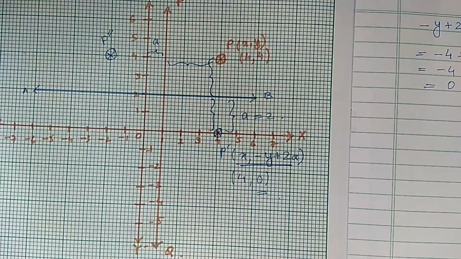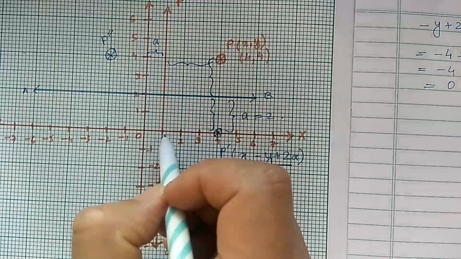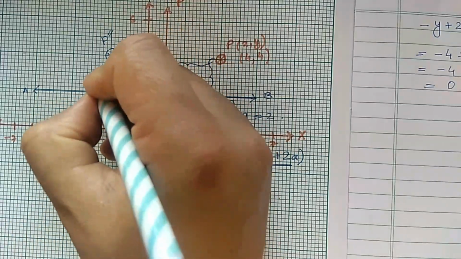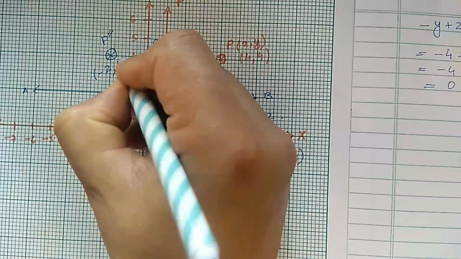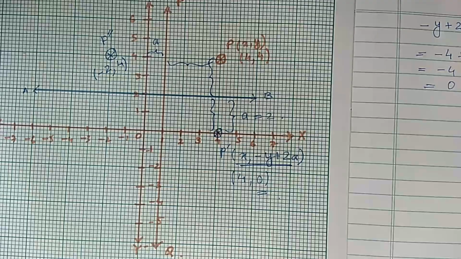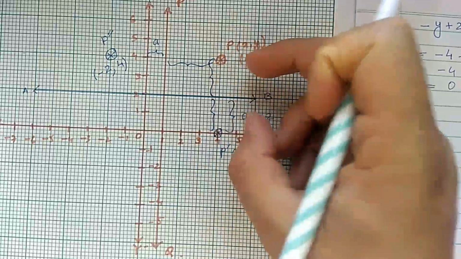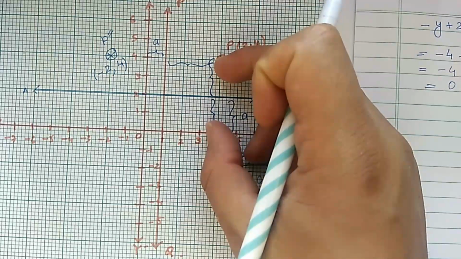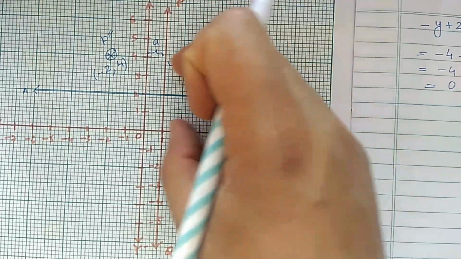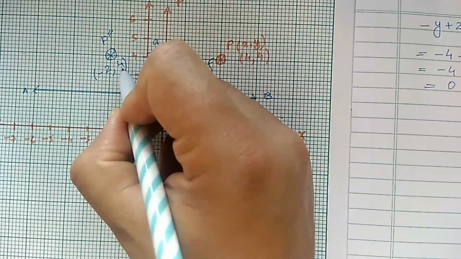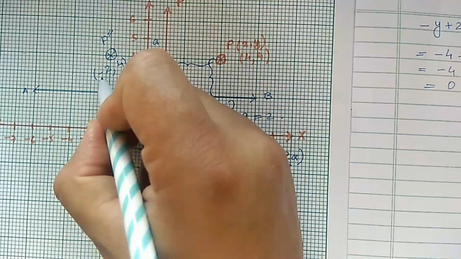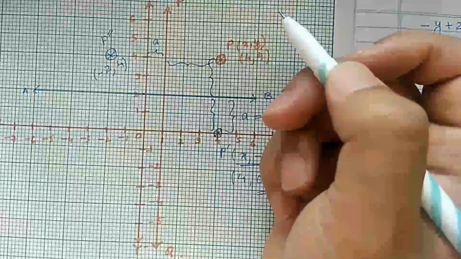What will be its coordinates? First let's look at this coordinate. The coordinate of this one is (minus 2, 4). What do we see here? This value 4, the distance of this point from the x-axis, remains unchanged. So the ordinate remains the same, which is 4, but the value of the abscissa changes and becomes minus 2.